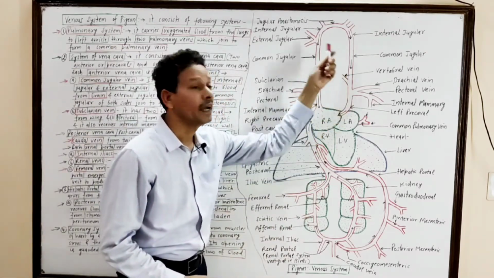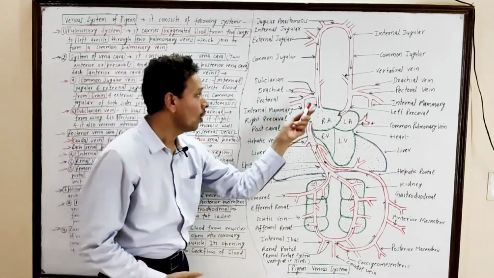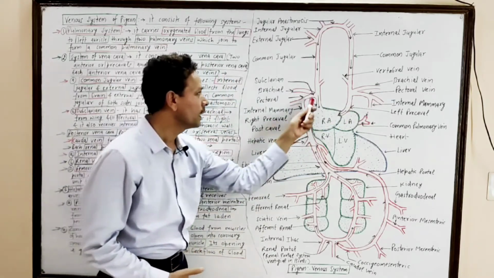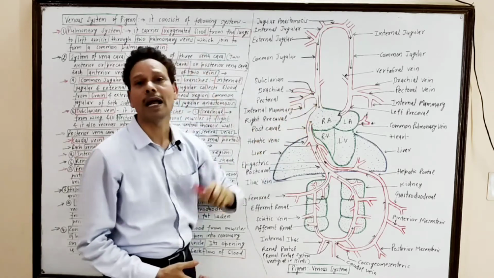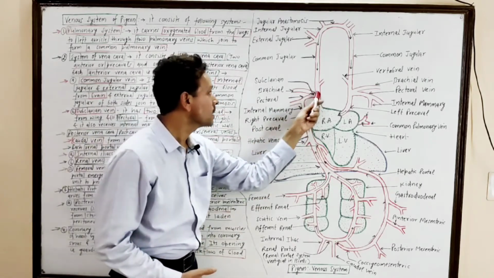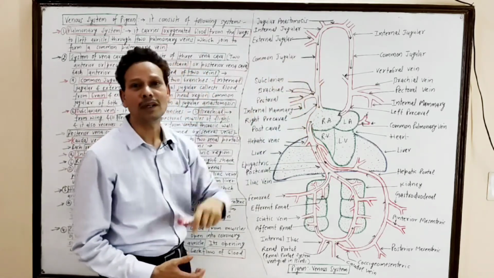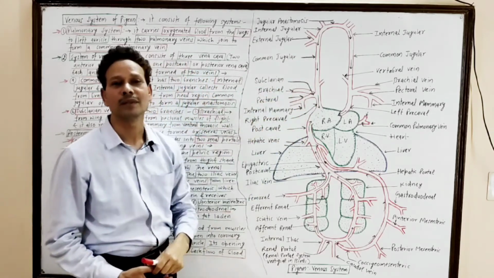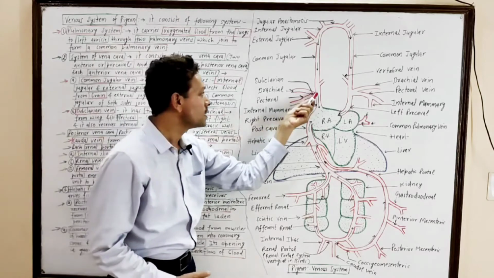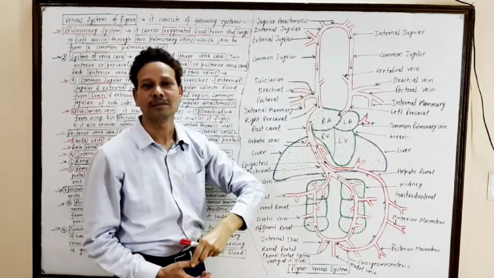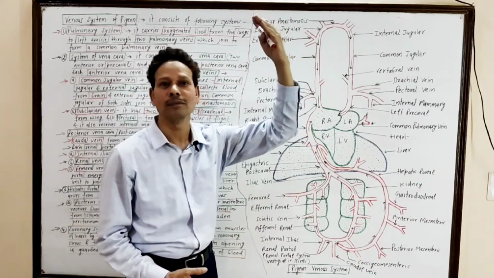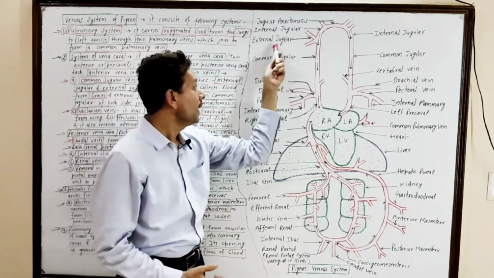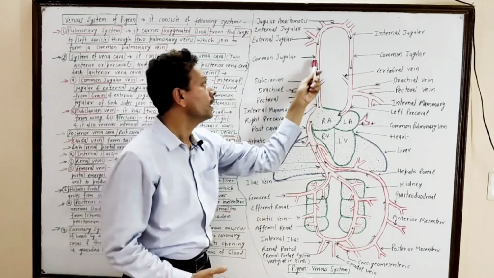Each anterior vena cava, or each right and left precaval, gives two branches. One is common jugular, and the second one is subclavian. Dear students, note down, this common jugular collects blood from all over the brain and head region, and this common jugular gives two branches.